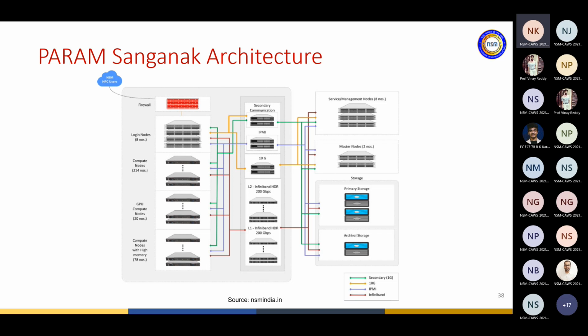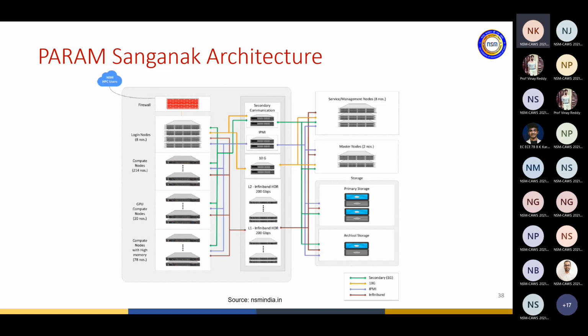None of the supercomputers have any HDD, any hard disk drive, attached to the compute nodes. It's always a network attached storage system on which most likely there's a parallel file system mounted, and you are going to access that from your compute nodes.